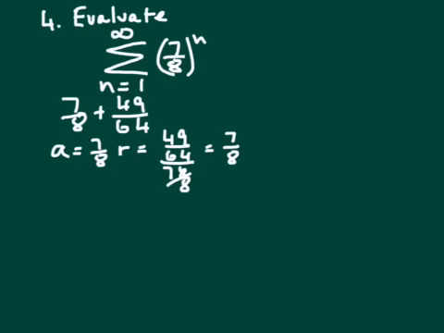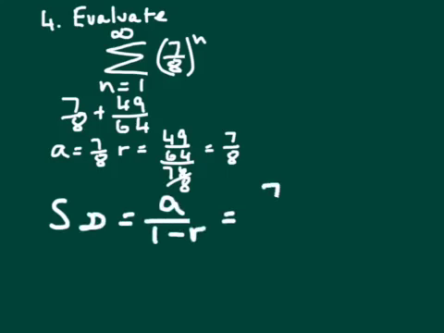So the sum of the infinite series is equal to A over 1 minus R, of course. Now in this case, A is equal to 7/8. 1 minus our common ratio, 7/8, is 1/8. So that equals 7/8 on 1/8.